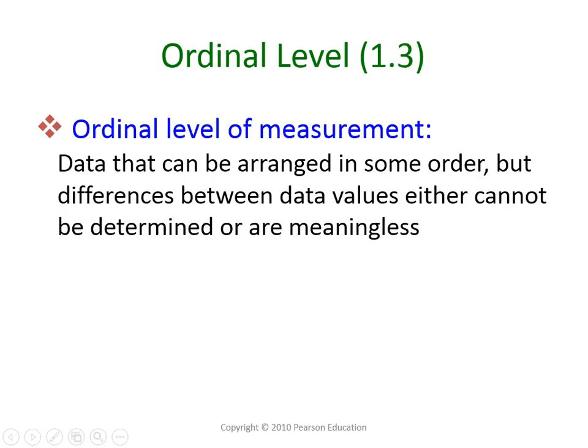So it still has an ordering scheme. And so when you look at doing those, having that order matters on there. But like I said, you can't measure those differences. It could also be if you were talking about parade floats. First place is better than second place is better than third place is better than fourth place.